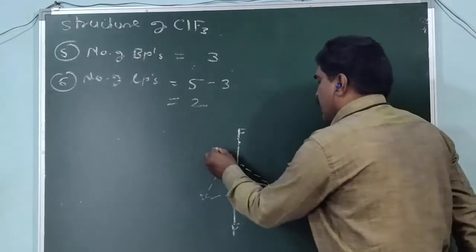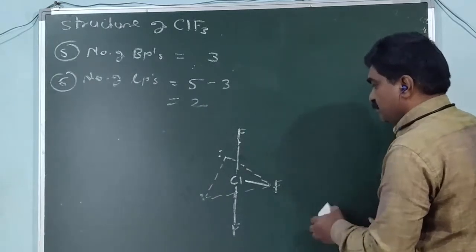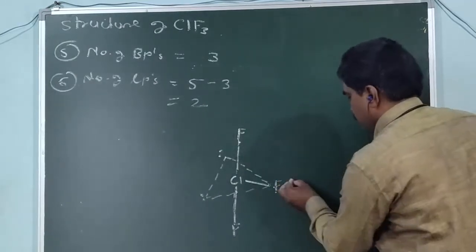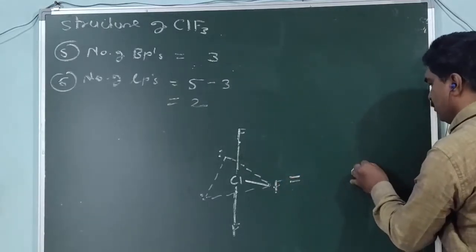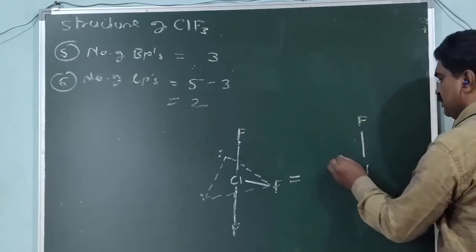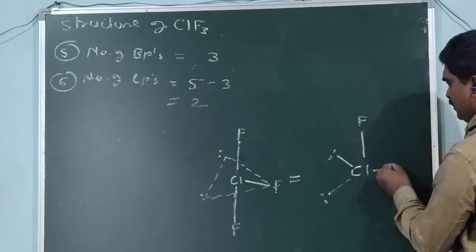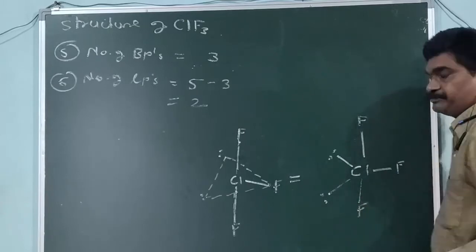Now since there are two lone pairs present, let me draw it again. Cl, F, here there are lone pairs, here F and F.